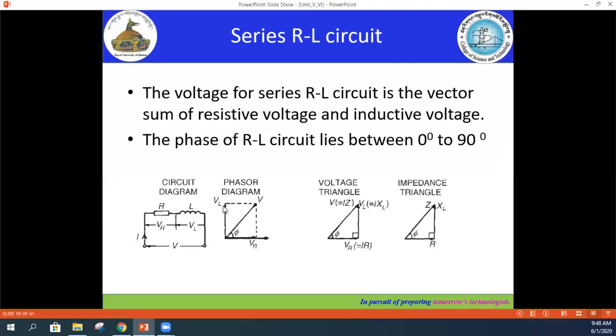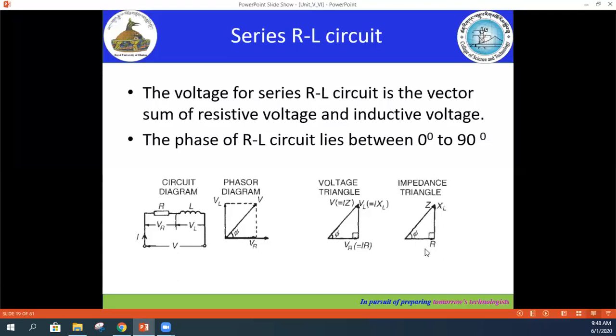Now, if you apply the parallelogram here, the length of this side will be the same as this VL, right? So we are transferring it here. In this base we are writing VR, the height we are writing VL, and the hypotenuse is our resultant voltage for the series RL circuit.